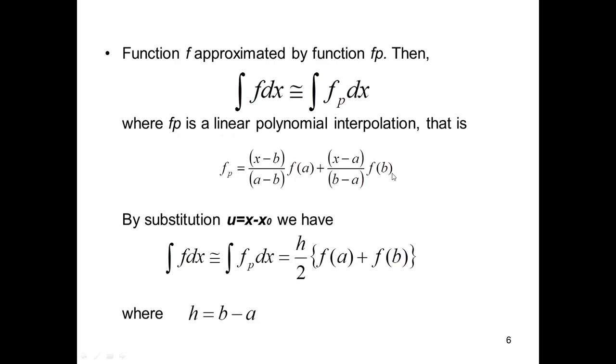Now, the main focus, I'd like to annotate here. I can't find my annotation. Okay, sorry guys, wait. The main focus of the trapezoidal rule is this particular formula. The integral of f(x) dx is equivalent to h over 2 times f(a) plus f(b). f(a) and f(b) are the value of the function when x is a and when x is b.